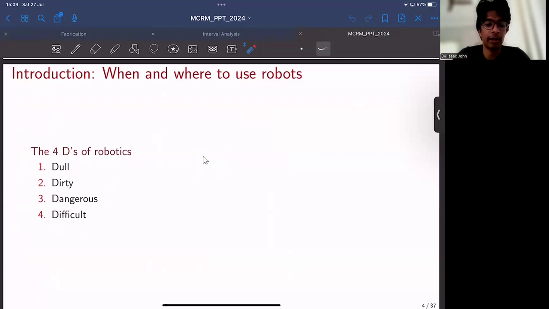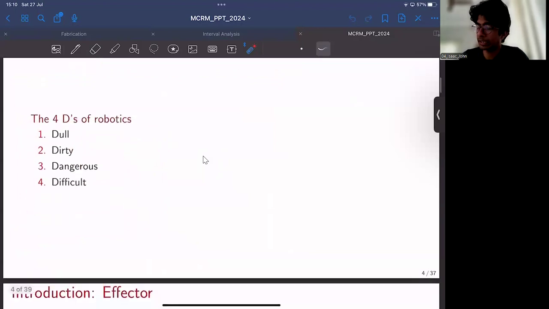As we acquire technological as well as computing advances, we can employ a robot in much more complex applications where a human being can be replaced. So that is where we would deploy robots: for tasks which are dull, dirty, dangerous, or difficult. And I'm sure you can easily find tasks which can be classified under each of these categories.